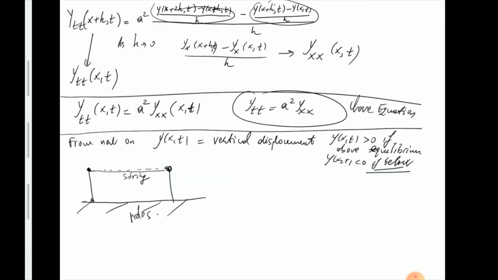And then you're going to have, for example, some initial deformation or stretch, and then you let it loose, and then it will vibrate up and down. And a positive displacement will be, for a point here, y of x, t will be positive. For a point over here, that is corresponding to that dip, that's going to be a negative displacement.